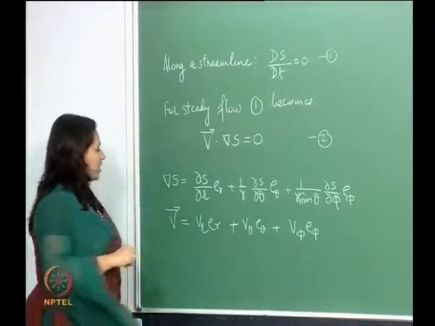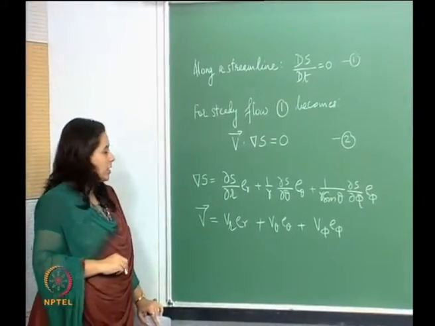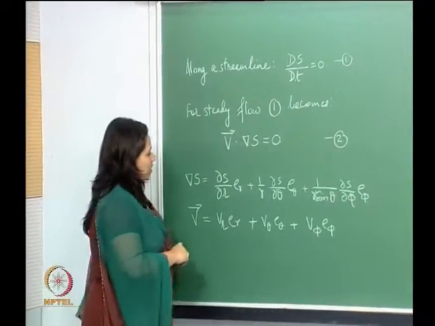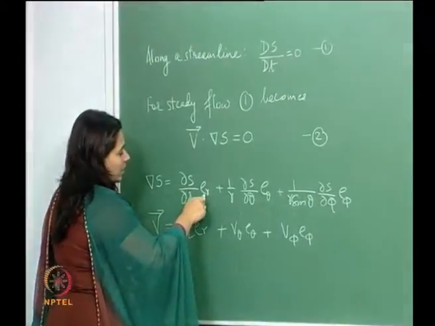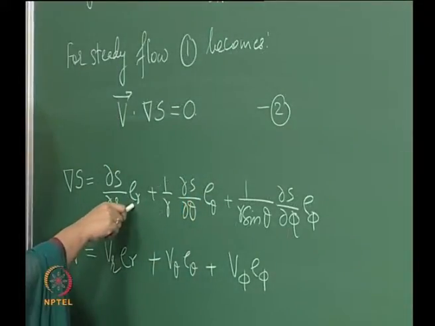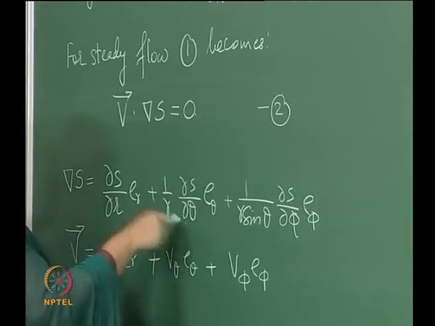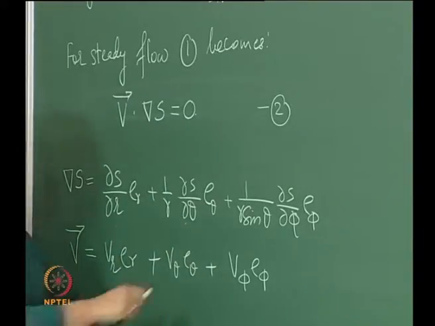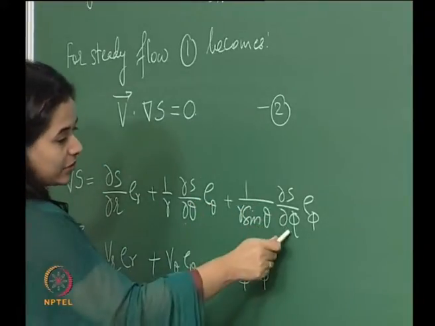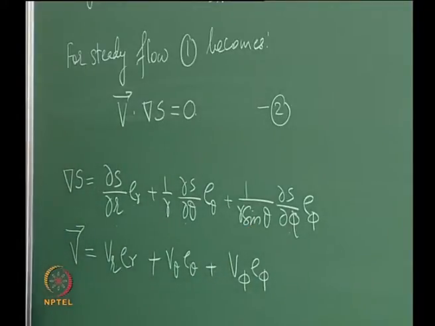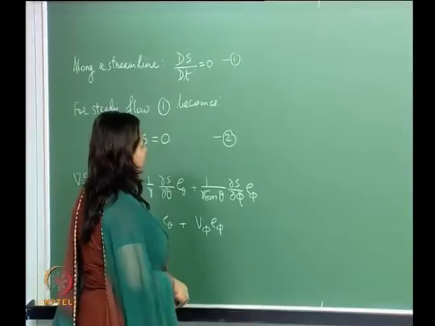Now gradient of S is the convective change in S. So, you see del S del r in the r direction, 1 by r del S del theta in the theta direction, and 1 by r sin theta del S del phi in the phi direction. Let us make sure we understand what this means.